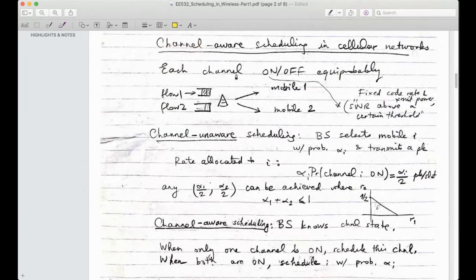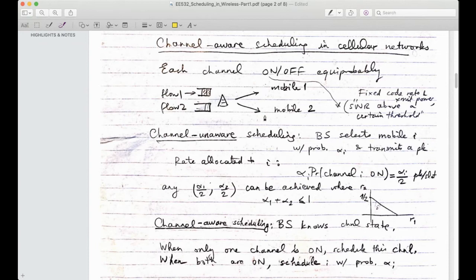Suppose each channel is on or off equiprobably. So let's consider this example. There's a base station, and in the downlink, we are trying to schedule flows to two mobiles. This is the simplest possible downlink scenario.